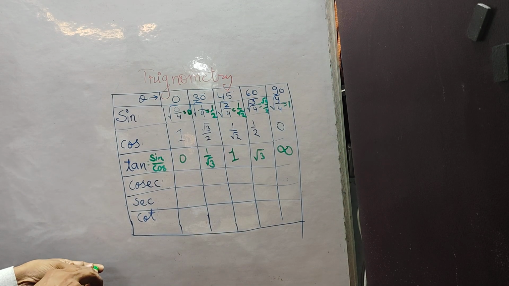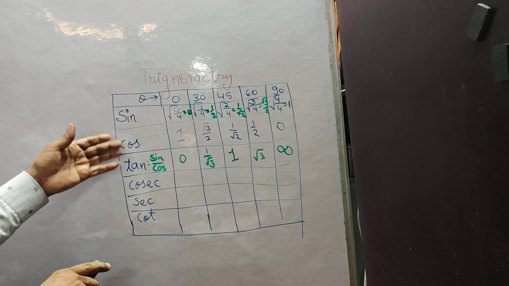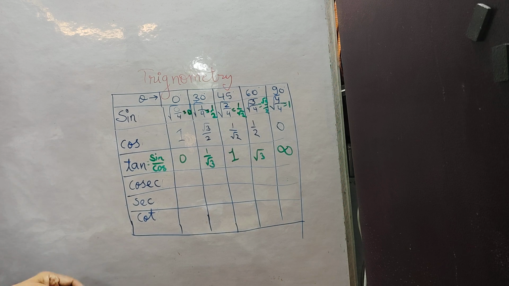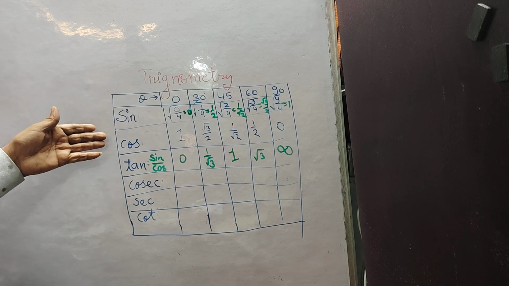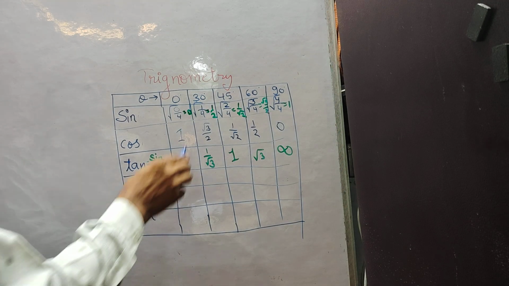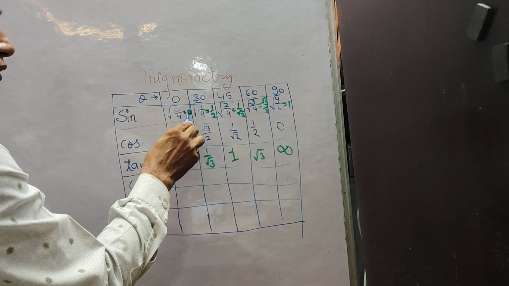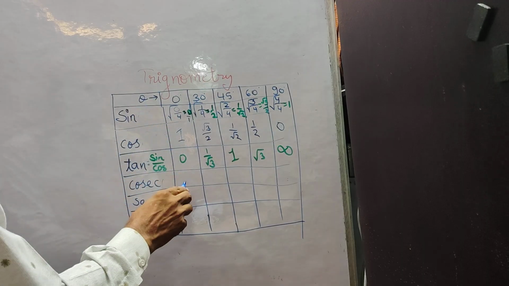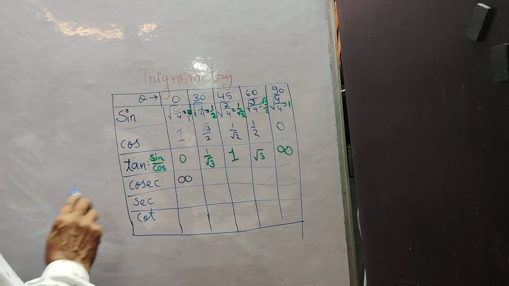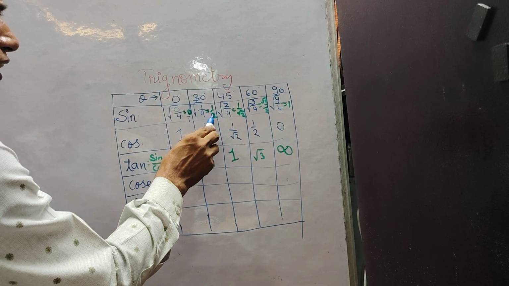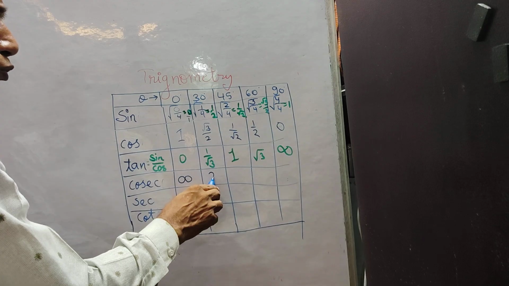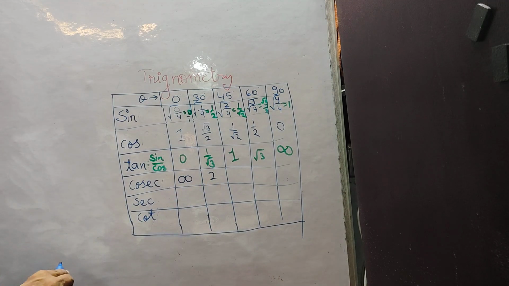Next are the reciprocal values. Among the three main functions, the reciprocal of sine is cosec. The reciprocal of sine 0, which is 0 by 1, is 1 by 0, that means infinite. The reciprocal of sine 30 is cosec 30: 1 by 2's reciprocal is 2 by 1, that means 2.